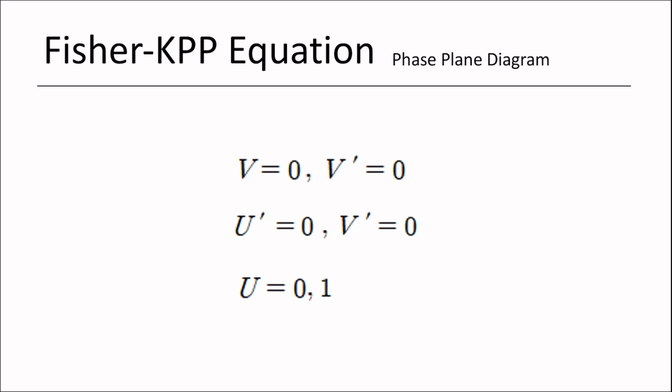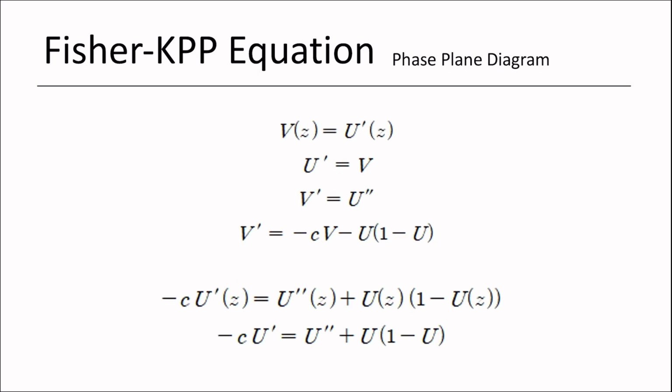A key concept in phase plane analysis is the identification of fixed points or critical points, where the system's dynamics remain stationary. To locate these fixed points, the conditions for the time derivatives of U and V being 0 are applied to the system of ODEs. From these conditions, it can be shown that the system has two fixed points: the point (0, 0) and the point (1, 0).